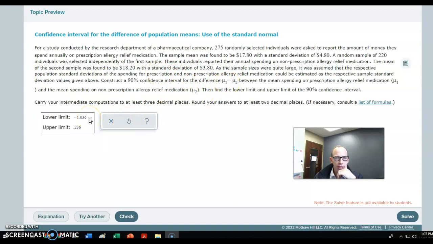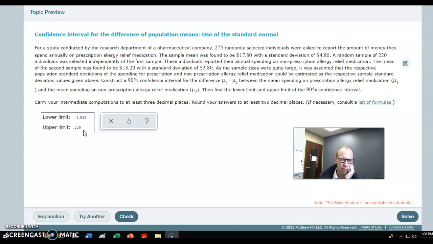So this tells us that we can be pretty sure that these individuals will spend somewhere between $1 less on the prescription and 23 cents more on the prescription. Somewhere between those two is how much more they're spending on prescription.